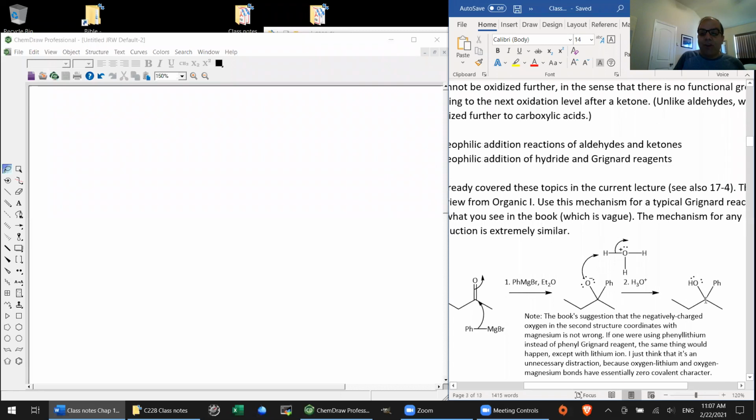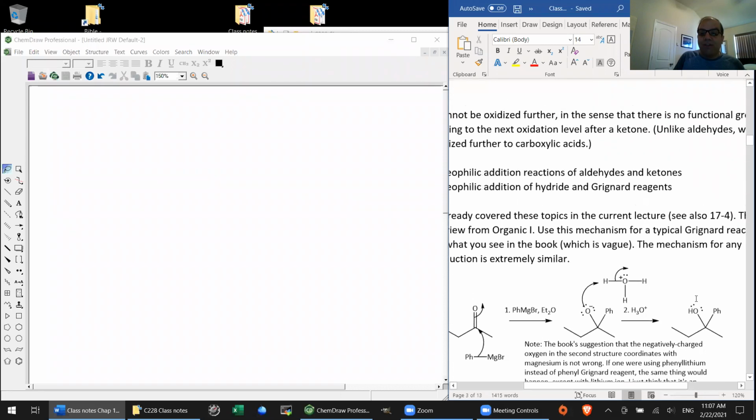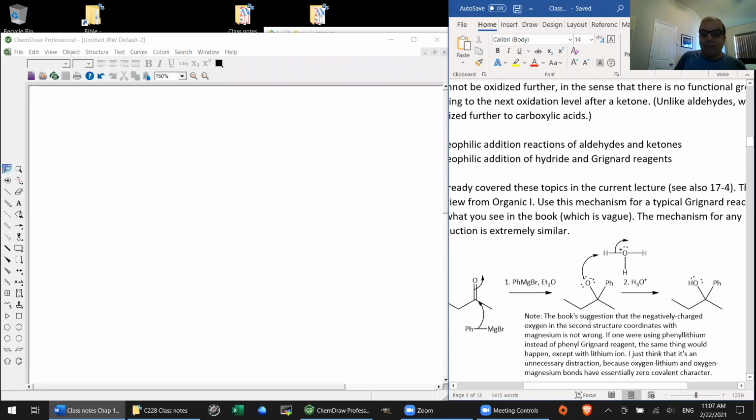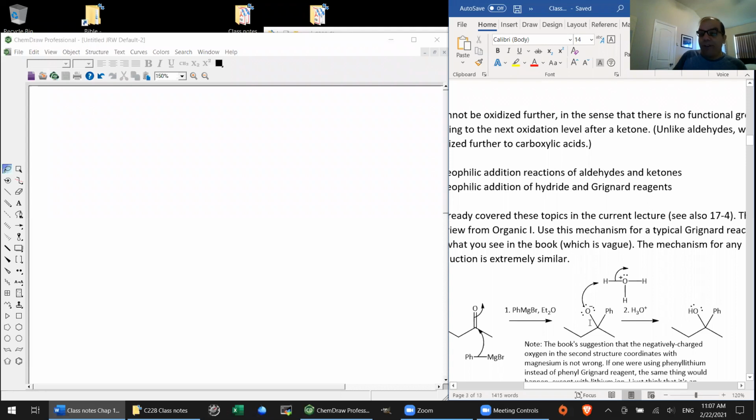Now, your book shows this intermediate slightly differently. It shows the oxygen being complexed or bonded to magnesium or lithium, depending on which of those is in the reaction mixture. They're not wrong in so doing. If you really wanted to draw it that way, I have no real objection.